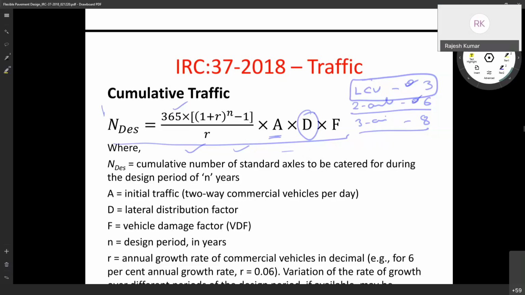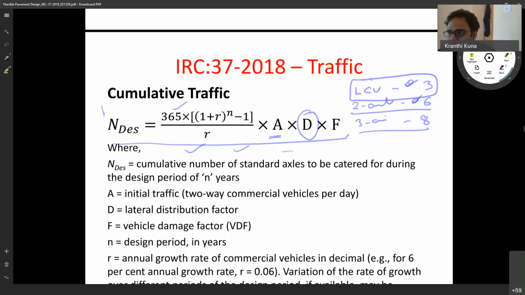Sir, so far we have studied only existing roads. If we form a new road, how can we calculate the vehicle damage factor? No traffic is there. The thing is, you have to find a section which is similar to the new road.